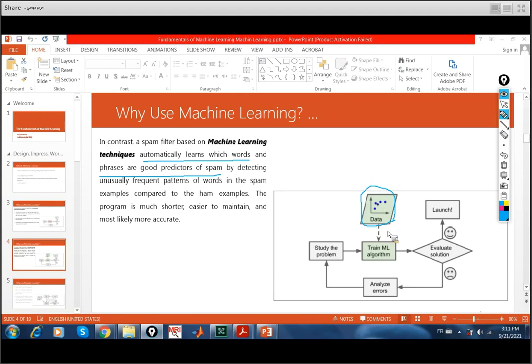They train and by themselves automatically learn which words are related to spam emails.